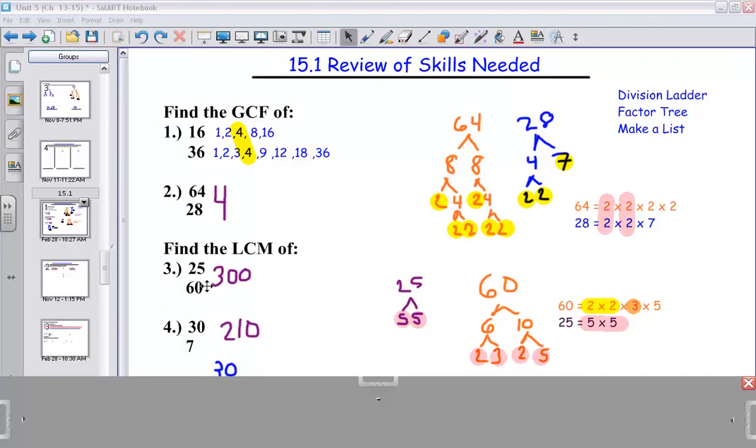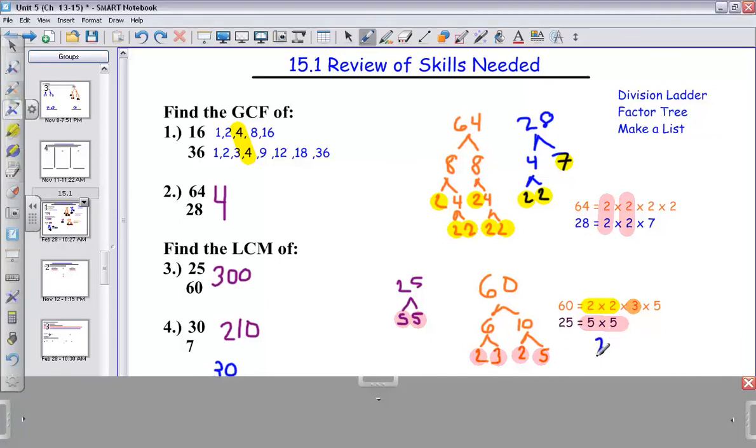So my least common multiple of 25 and 60 is going to be 300, because 5 times 5 is 25, 2 times 2 is 4, so that means I'm going to have 25 times 4 times 3. So that's 100 times 3, which is 300.